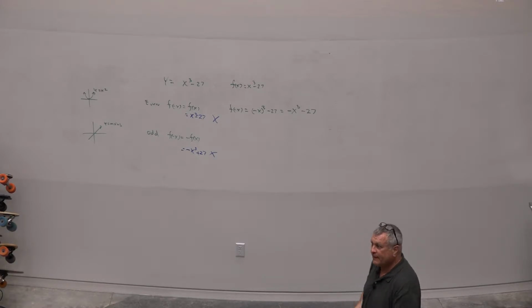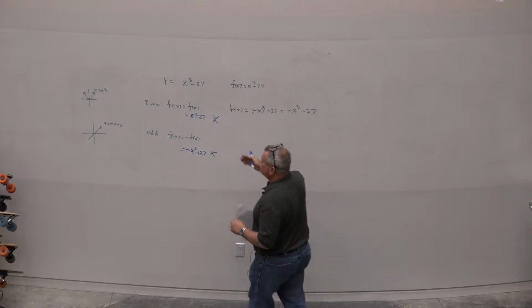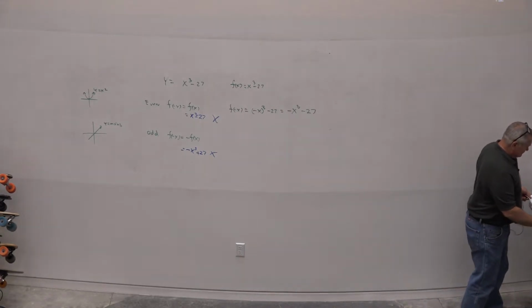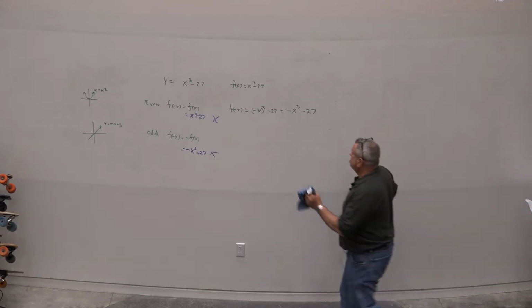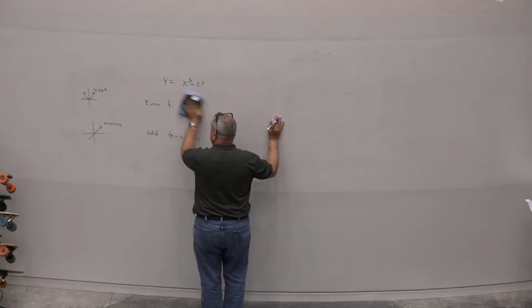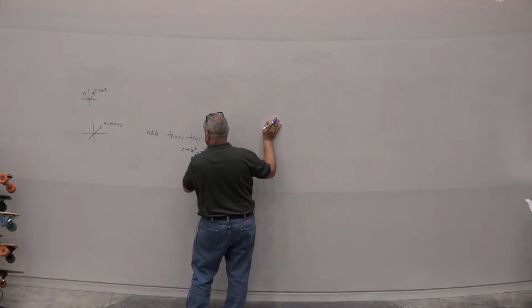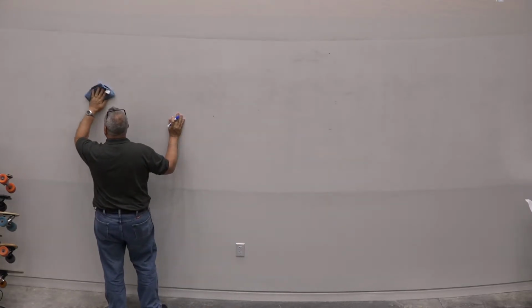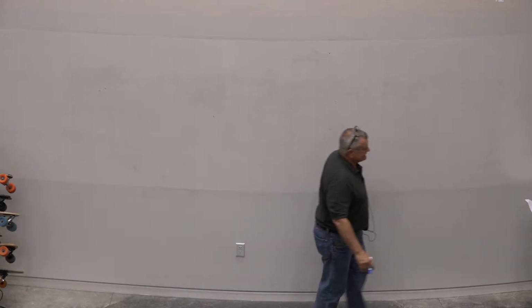Simple check. So just know how to do that and know what that means. Okay, so that was 65. We can do more if we have time.